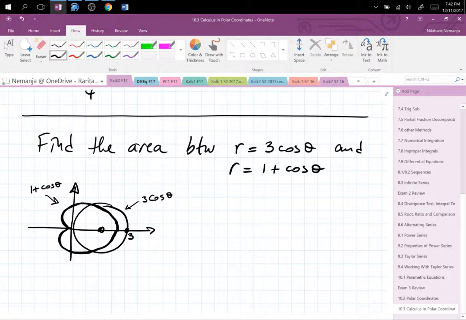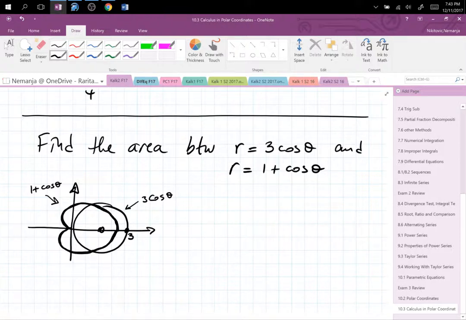If I have r equals 3, then it's centered at the origin, and the radius is 3 on each side. But this one is shifted, so you will have to go ahead and check what 4 sine theta is. Try to do some of these things. Now, 1 plus cosine theta creates the cardioid, oriented this way. Check what 1 plus sine theta is, and all these kinds of things.